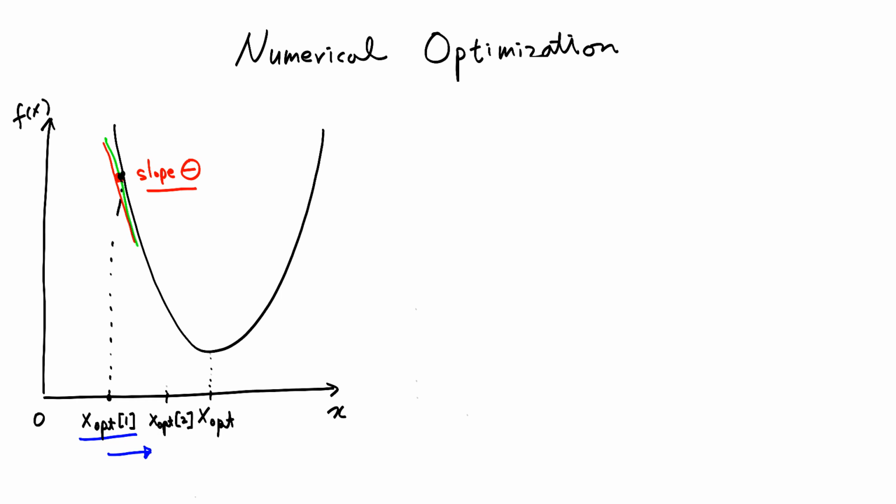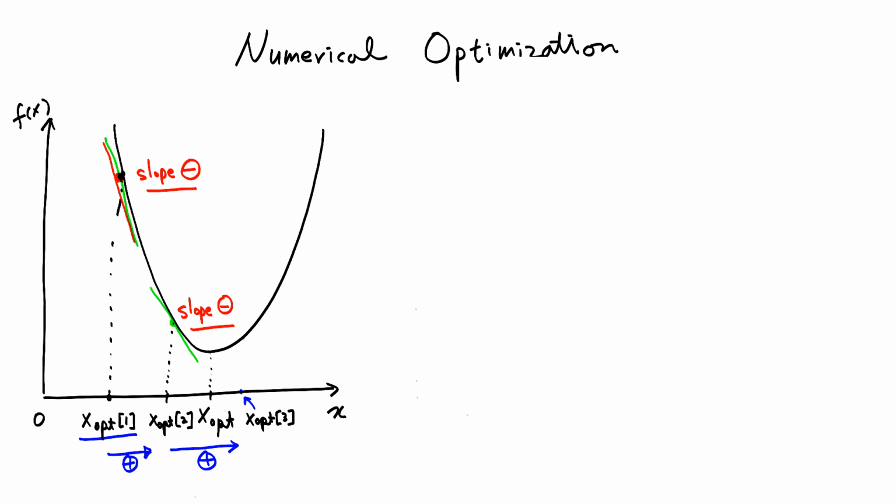And at this point, you again find the slope, and you see that also the slope is negative. So because this is negative, we want to move in the positive direction again. Your candidate is here, and that value is x opt of 3.